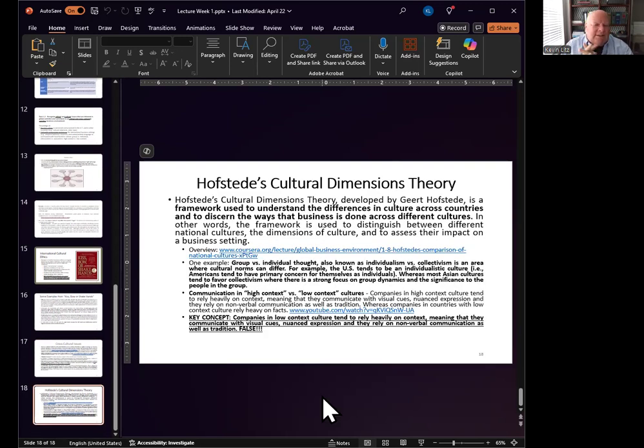Now, this is so interesting for a nerd like me, anyway. This is called Hofstede's cultural dimensions theory. Basically, in this study, they talk about high context versus low context.